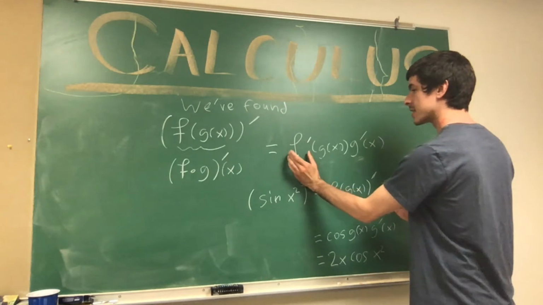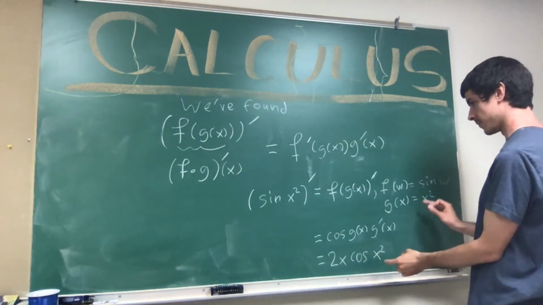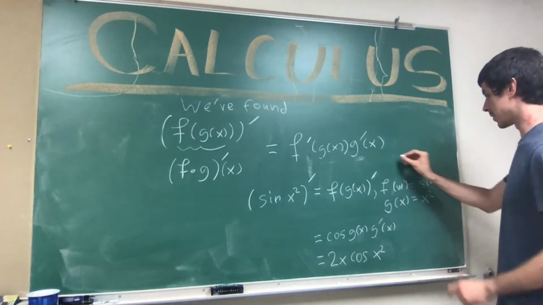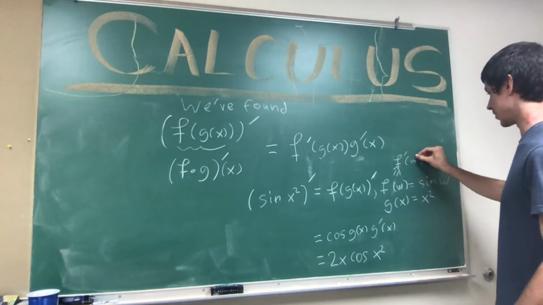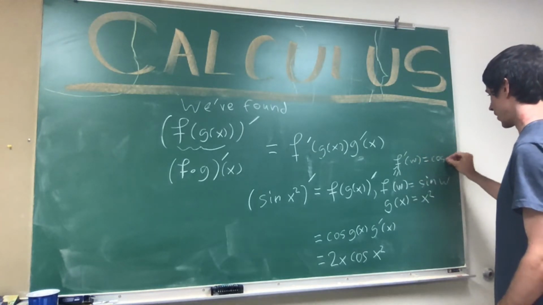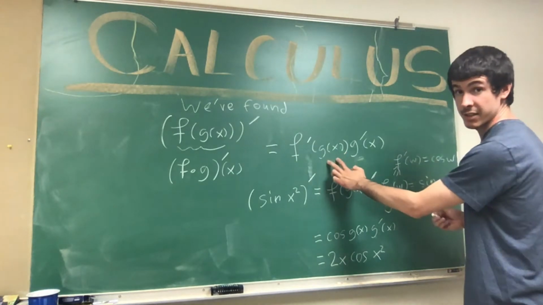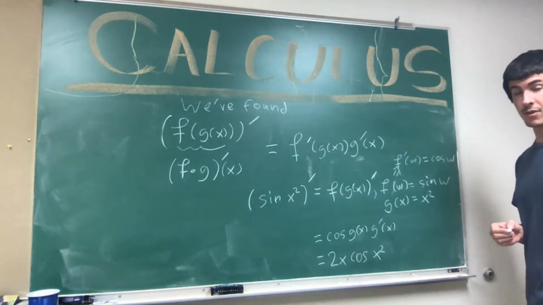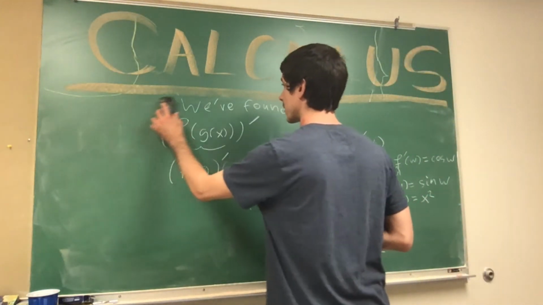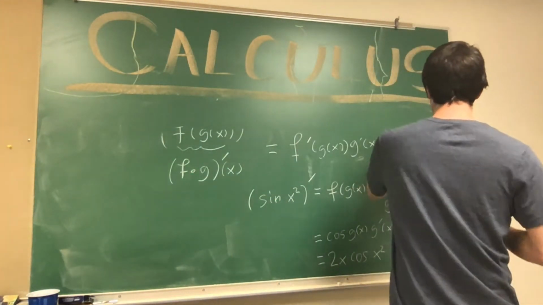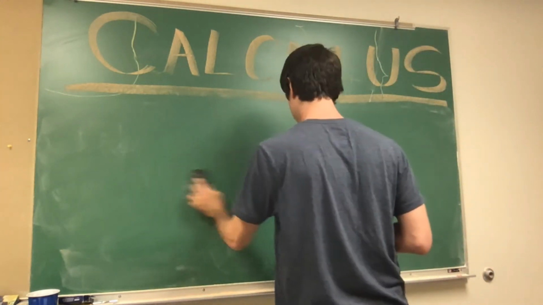In this case, f prime of w equals cosine of w, so f prime is a function which is then evaluated at g of x. That's an important thing to keep in mind. We'll touch back on that in a little bit. But before that, let's consider some more examples.